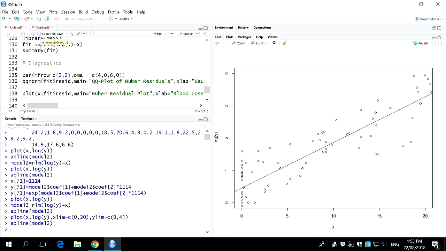Now, let me talk about the relative importance of these 3 in the 2 minutes I have today. If the pattern you see is not linear, then you are fitting the wrong model. That's it. And that's just as wrong as you can be. Everything you do after that will be wrong, wrong, wrong. Right?